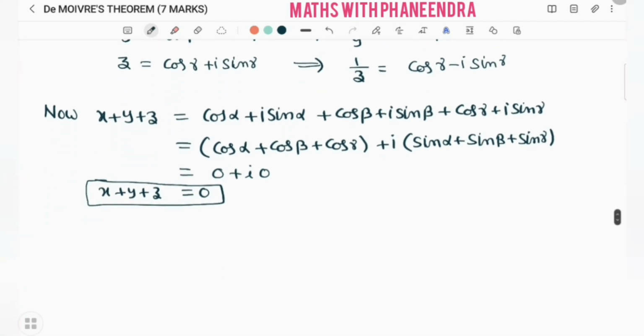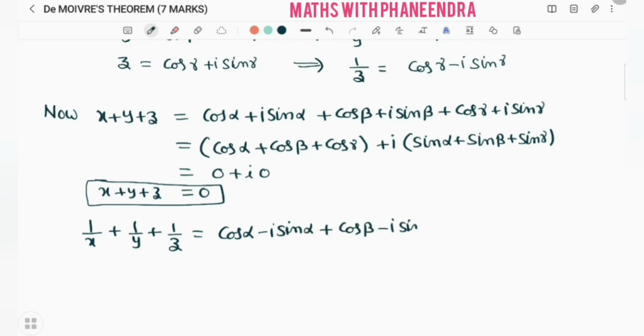And one more information, we need to calculate the sum of reciprocals of x, y, z also. This result also we will get as cos alpha minus i sin alpha plus cos beta minus i sin beta plus cos gamma minus i sin gamma.